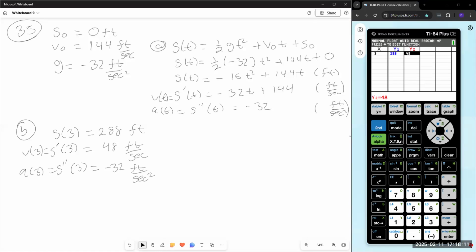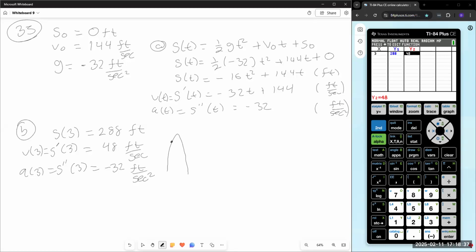Okay. So this is when it is at its highest point. Kind of imagine it going up and coming back down like that. And it's not at its highest point yet. I'm sorry, this is 3 seconds in. So we are somewhere around here, knowing the flight path of this.